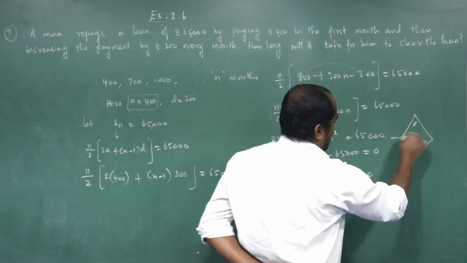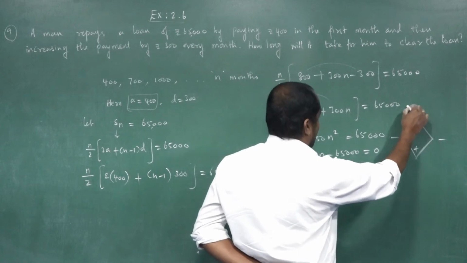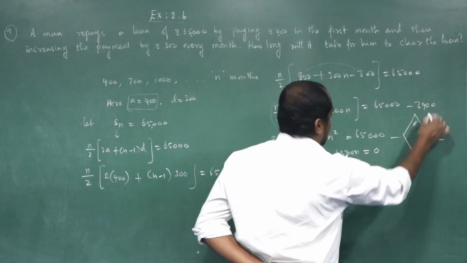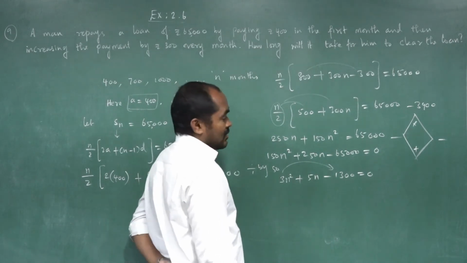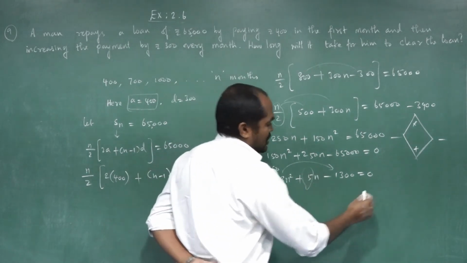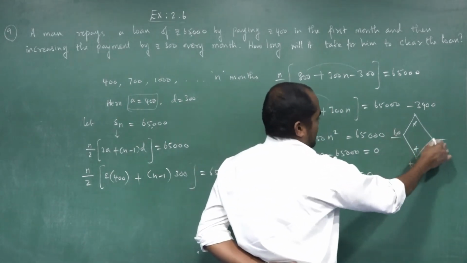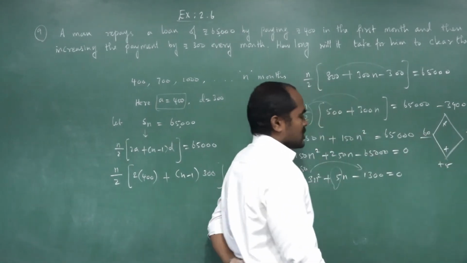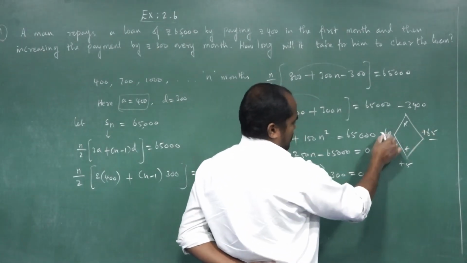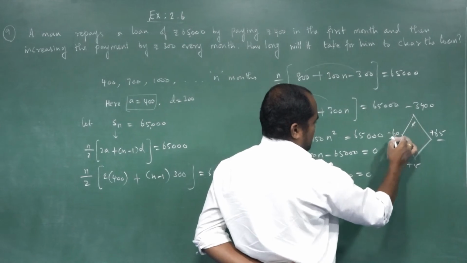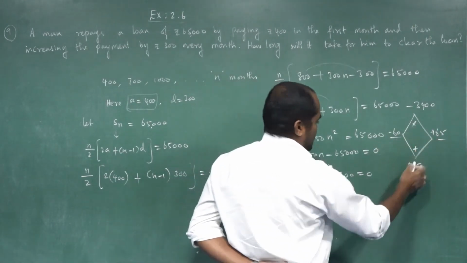So we want to factorize this. So we need the product of 2 numbers and the sum of 2 numbers. Product of the 2 numbers is minus 3,900, since 3 into 1,300 is 3,900, and sum of the 2 numbers is plus 5. So 60 and 65. So take 60 and 65, plus and minus, the product is minus 3,900 and the difference is 5.